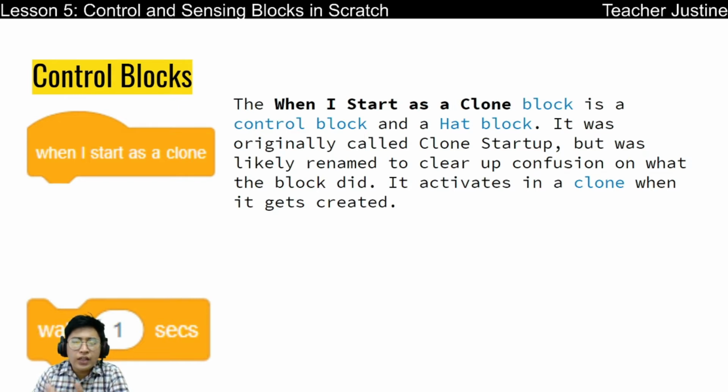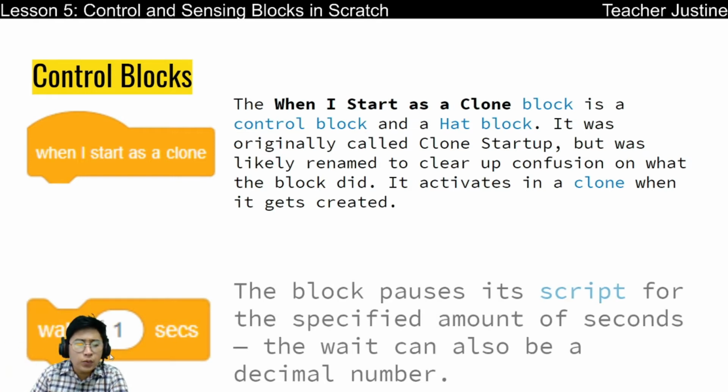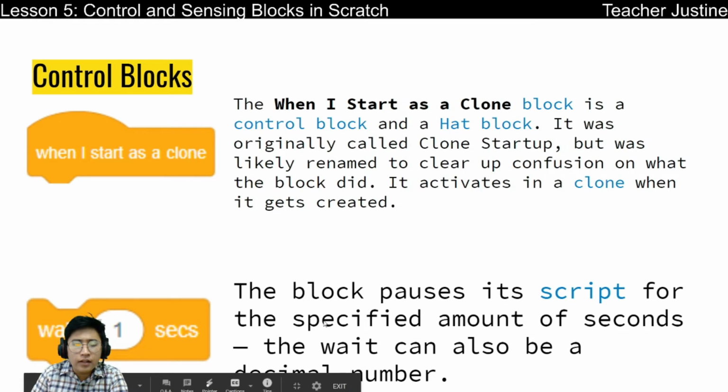The next code is wait 1 seconds. I think you are already familiar with this because we've already used this on our previous lessons. So what is this wait command? This block pauses its script for the specified amount of seconds. The wait can also be a decimal number.